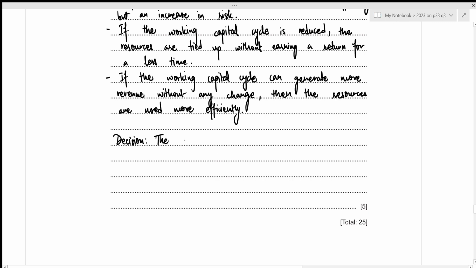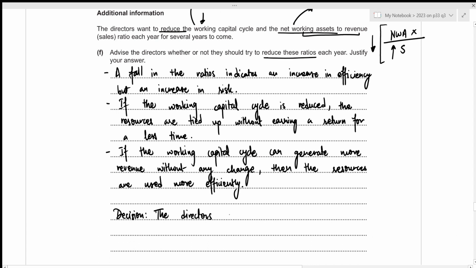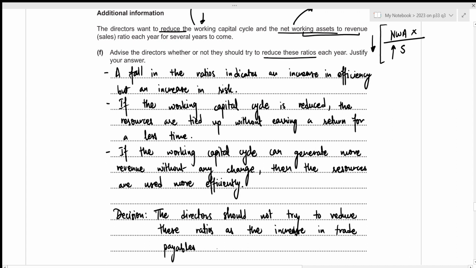The directors should not try to reduce these ratios, as the increase in trade payables could damage relationships with suppliers.